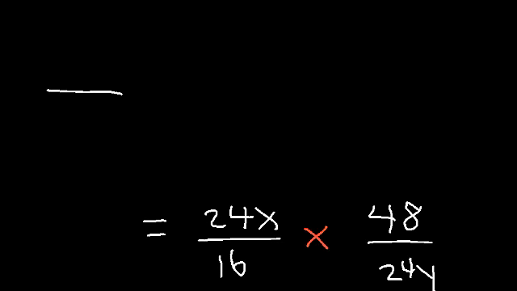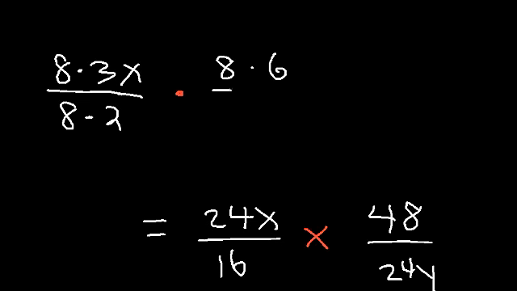So 16, we can rewrite that as 8 times 2. Let me write it this way so you don't confuse the times with the x symbol. 24 is 8 times 3, and we have an x variable, multiplied by 48, which is basically 8 times 6.